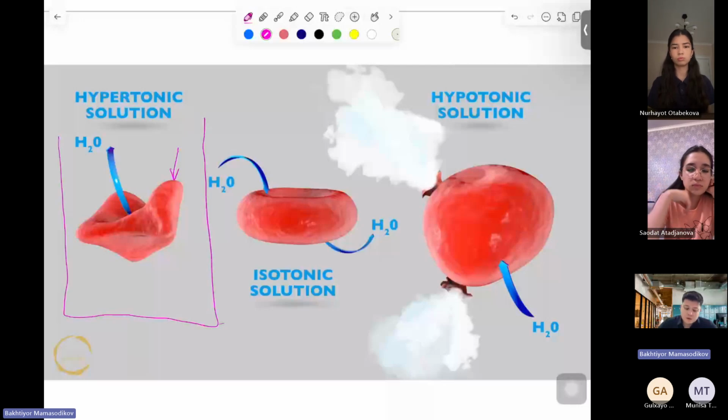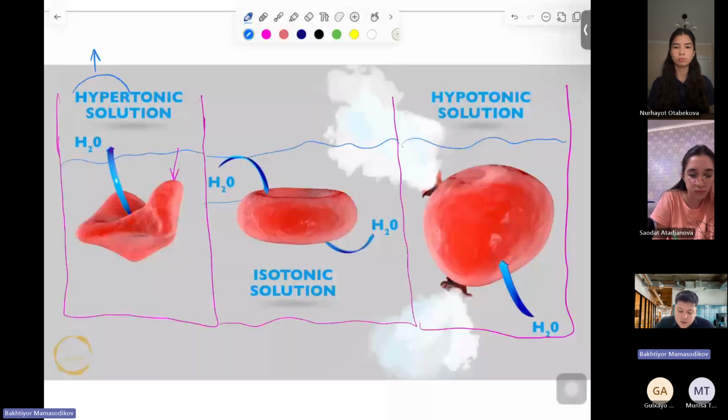What's the meaning of hyper? Hyper means high, or a lot. And what does tonic mean?